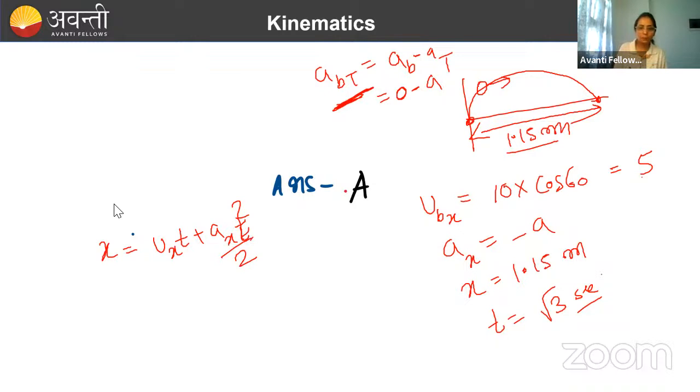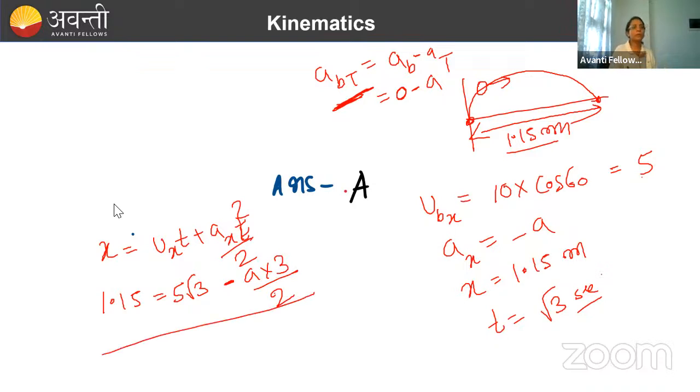So you simply put the values here. 1.15, ux value is how much? That was your 5, into t, which is root 3. This will become minus ax, we don't know. t square will become 3, and this will become 2. You simply need to solve it now and you will get the answer.